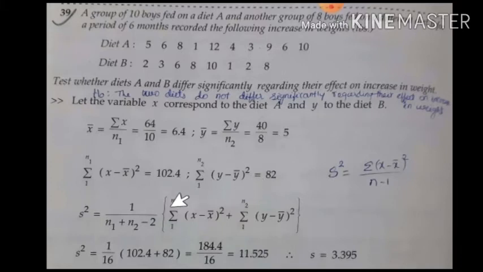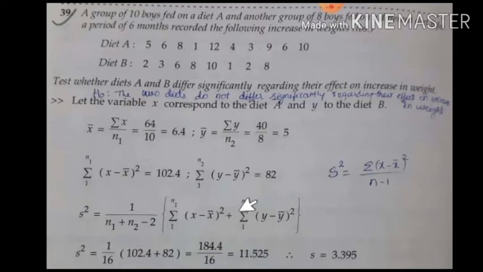The formula is summation X minus X bar whole square plus summation Y minus Y bar whole square, divided by N minus 1. So for the first data n1 minus 1, for the second data plus n2 minus 1. When you simplify, you get n1 plus n2 minus 2.